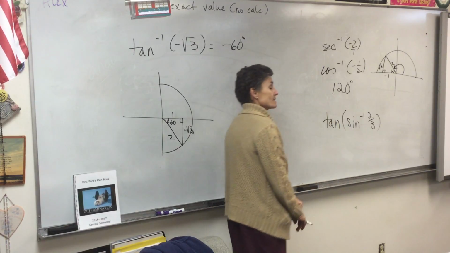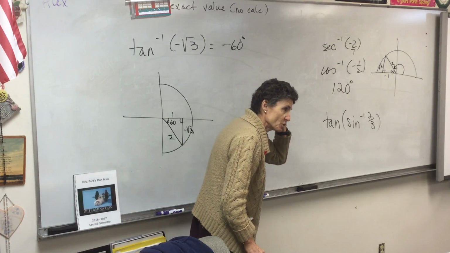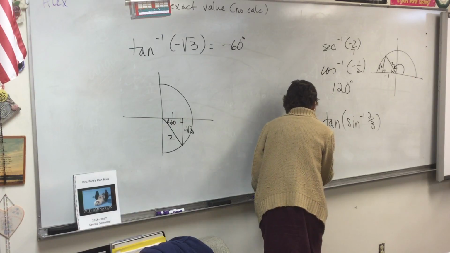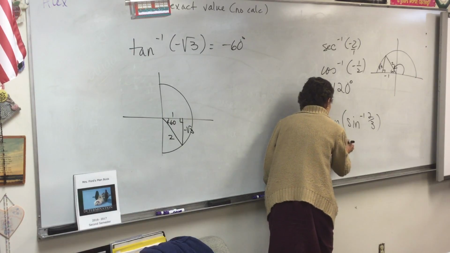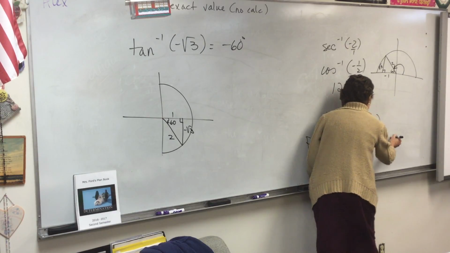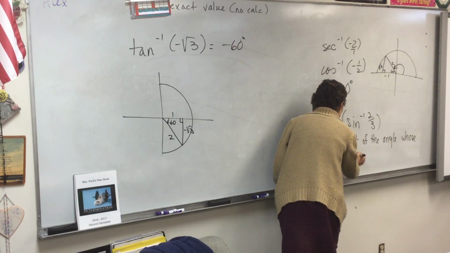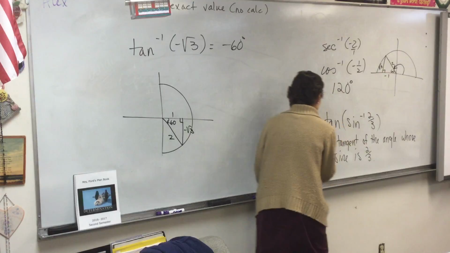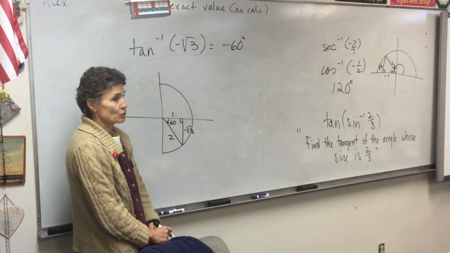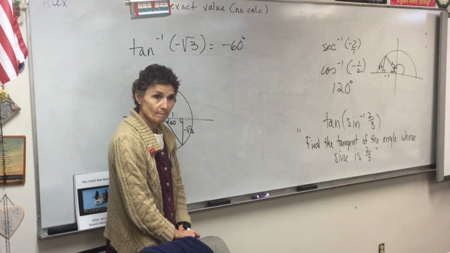Here, this says literally, this is what it says to me. If I'm talking to Betsy on the phone, because she's still on vacation, it says, find the tangent of the angle whose sine is 2/3. That's how I read that. Find the tangent of the angle whose sine is 2/3.